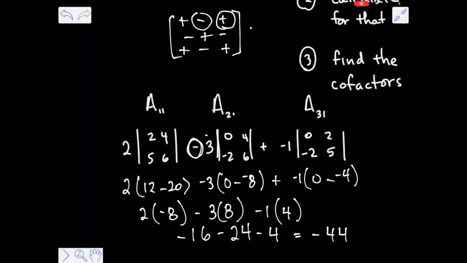So the determinant for that matrix is negative 44, and it would be negative 44 regardless of which row or column we chose to expand to find the three cofactors.